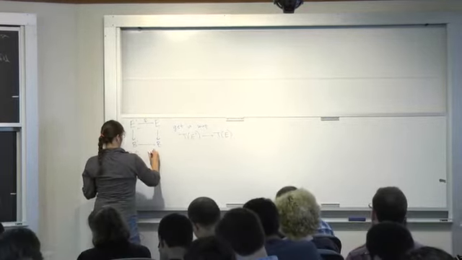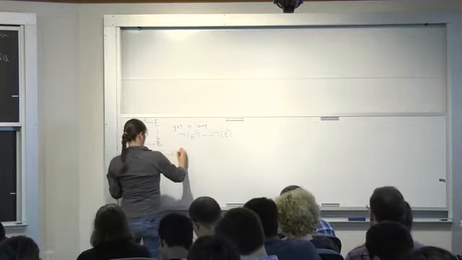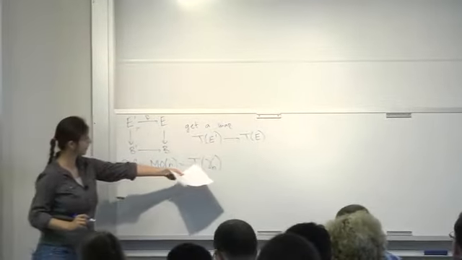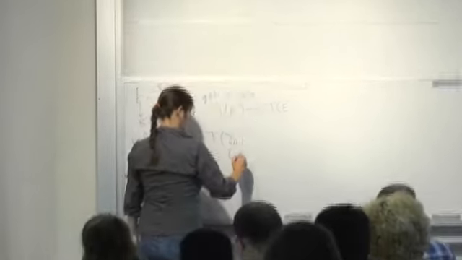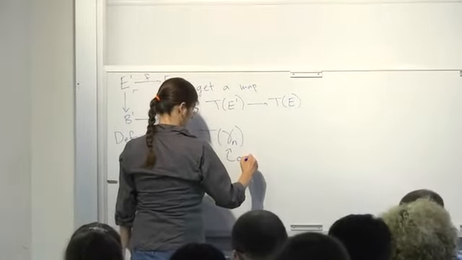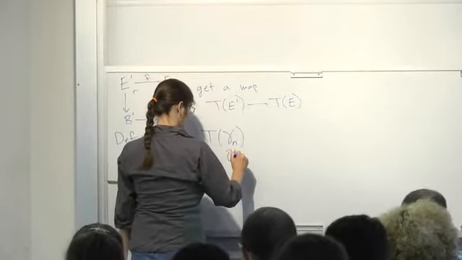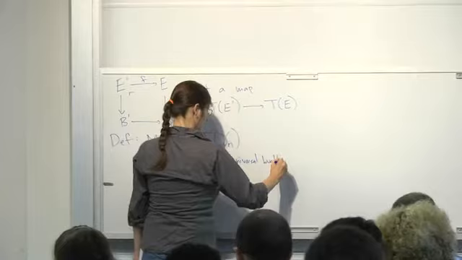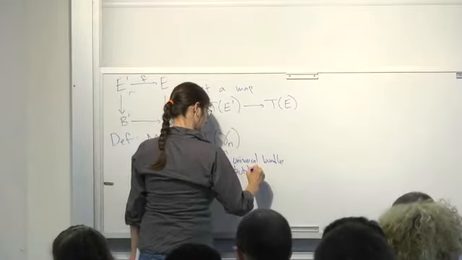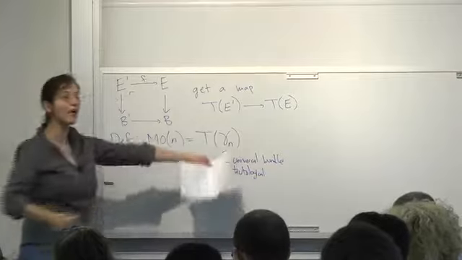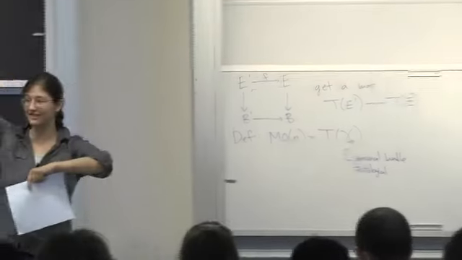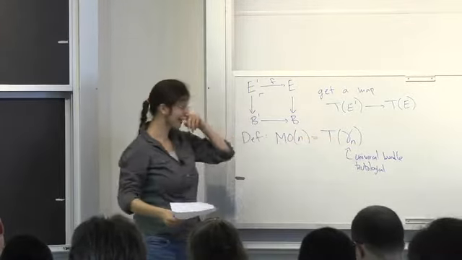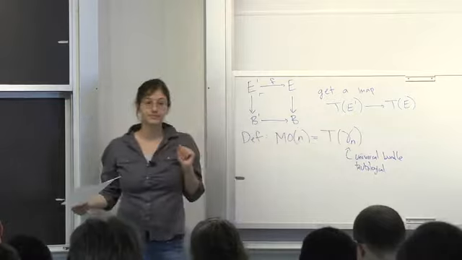So, definition: MO(n) is the Thom space of the canonical vector bundle on BO(n). Not the canonical, whatever one it's called, the universal bundle. Regardless, whichever one, the one that, to a Grassmannian, assigns the plane that the point represents, that one is gamma_n, and MO(n) is T of that.